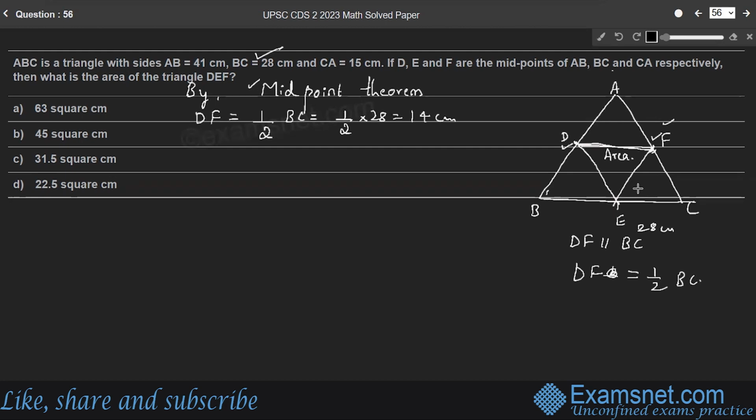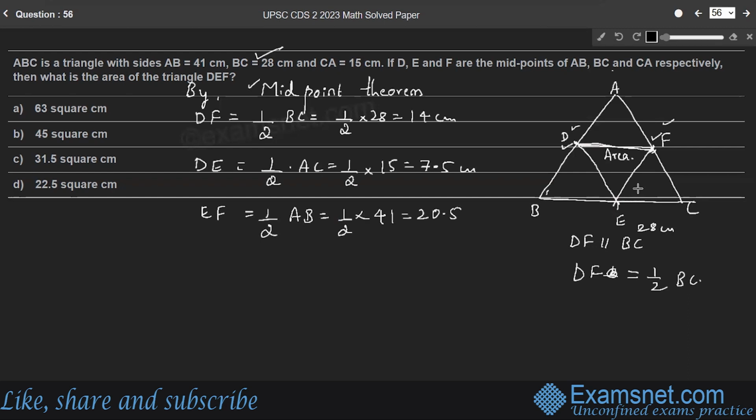And DE is also a line joining midpoints of two sides AB and BC, which is half of the third side, AC. So half of AC is half of 15 centimeter, which is 7.5 centimeter. And the other side of DEF is EF. EF is half of its opposite side, which is AB. Half of AB is half of 41, which is 20.5 centimeter.